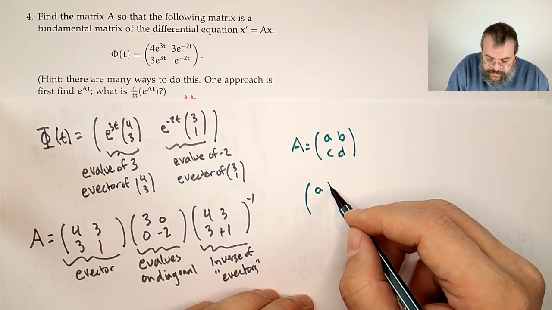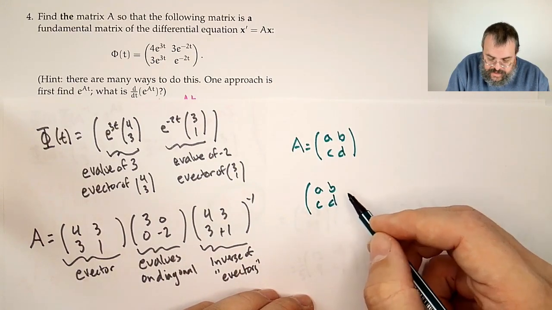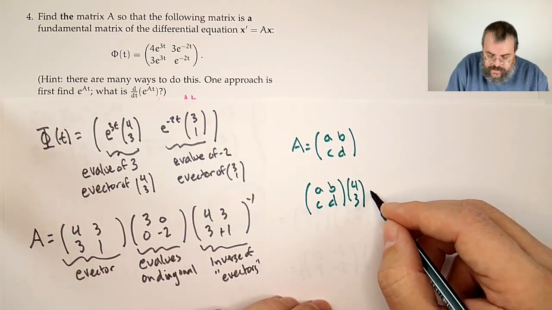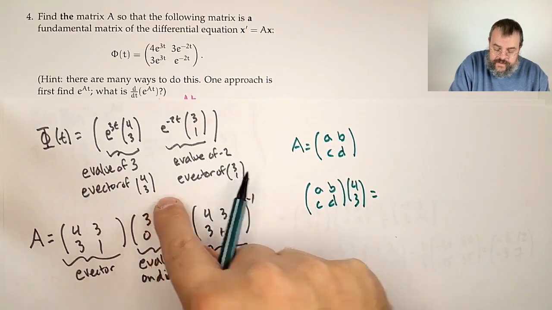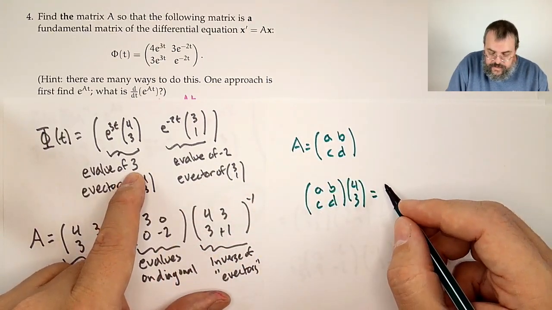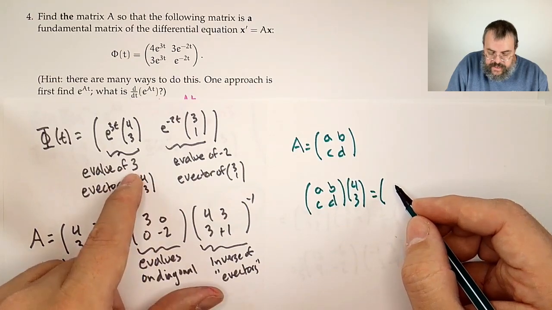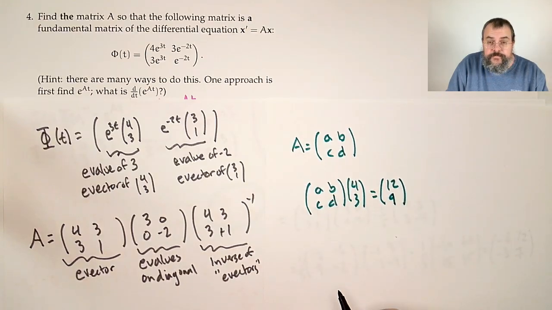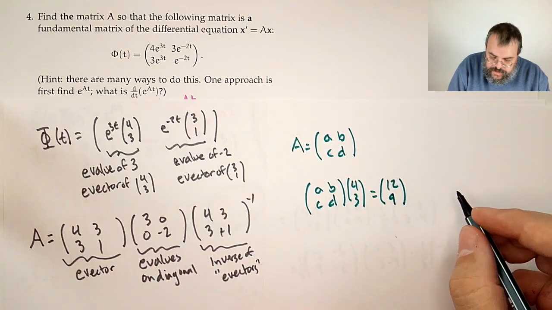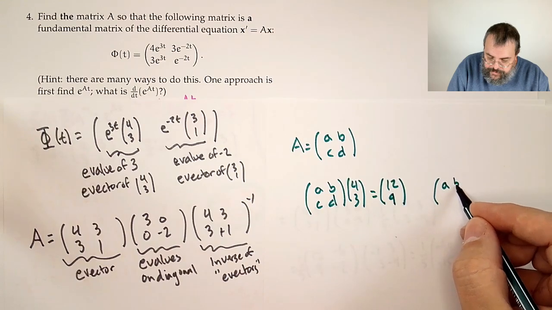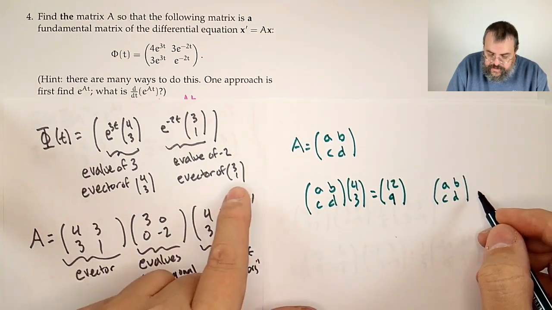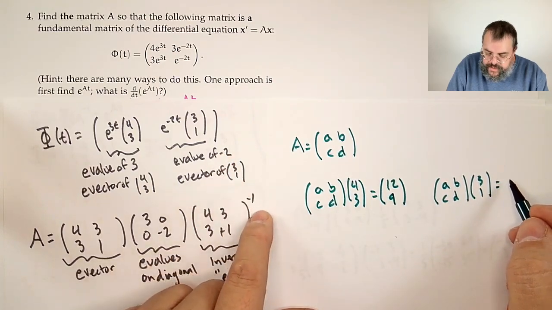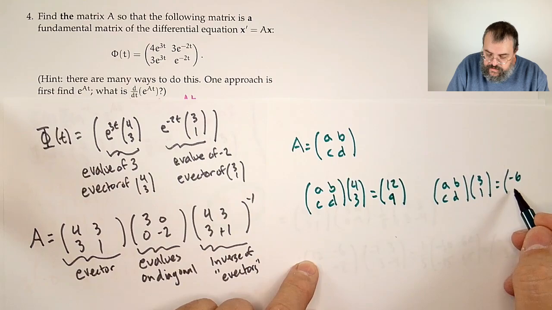If I take [a, b; c, d] times [4, 3], so I'm multiplying by my eigenvector, that should be equal to scaling [4, 3] by the eigenvalue: [12, 9]. And by the same token, if we take [a, b; c, d] times [3, 1], that would be scaling by -2: [-6, -2].